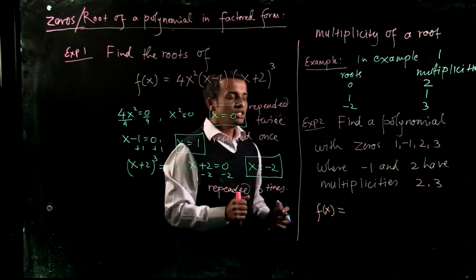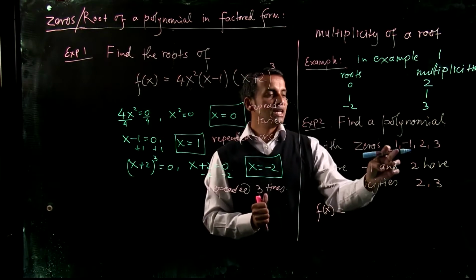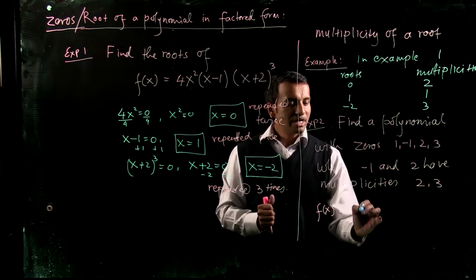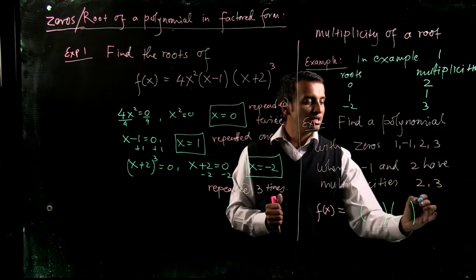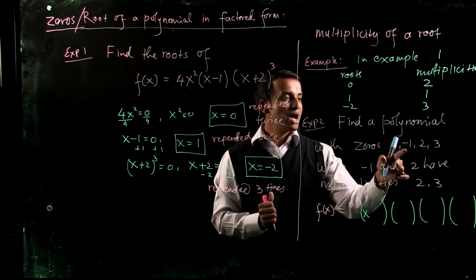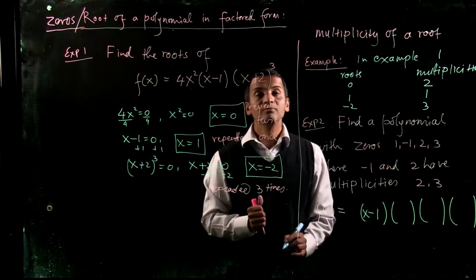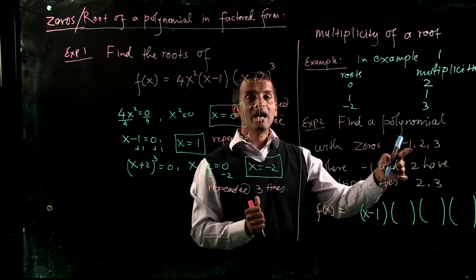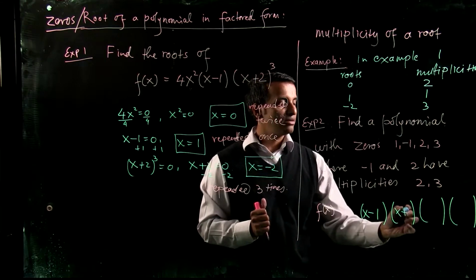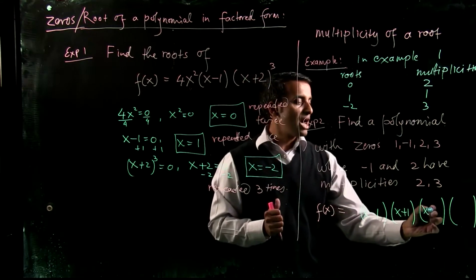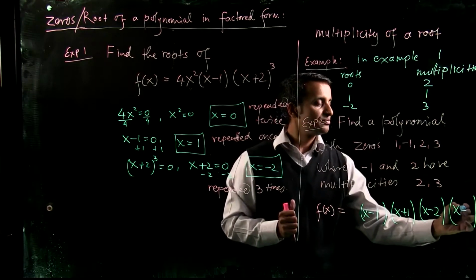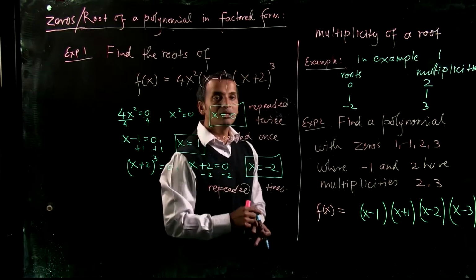Okay, all right. So the idea here is, there are 4 roots: 1, negative 1, 2, 3. What you do is write down 4 parentheses for the polynomial. Write x minus the first root, x minus 1, and then x minus the second root. So x minus negative 1 will be x plus 1, then x minus the third root, x minus 2, and then x minus the fourth root, x minus 3.